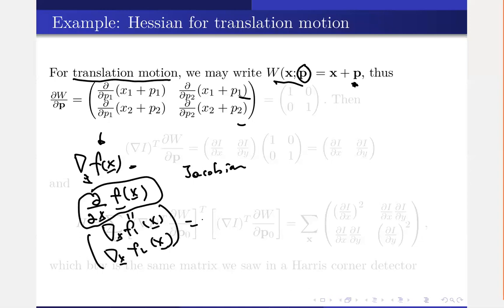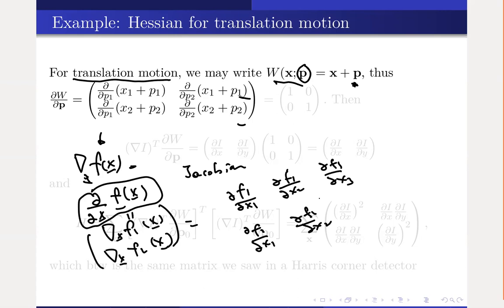In this case it would be partial f1, partial x1, partial f1, partial x2, partial f1, partial x3, and partial f2, partial x1, partial f2, partial x2, partial f2, partial x3, and so on.